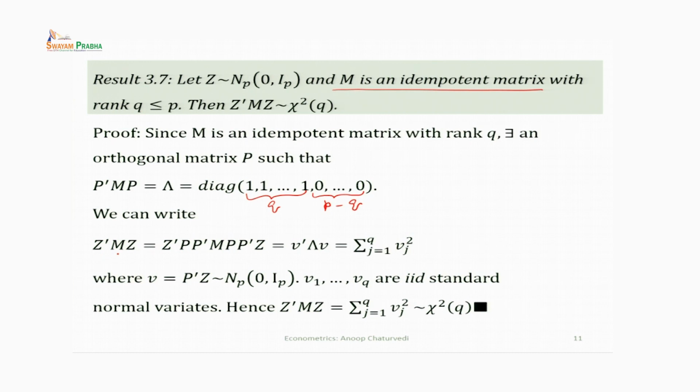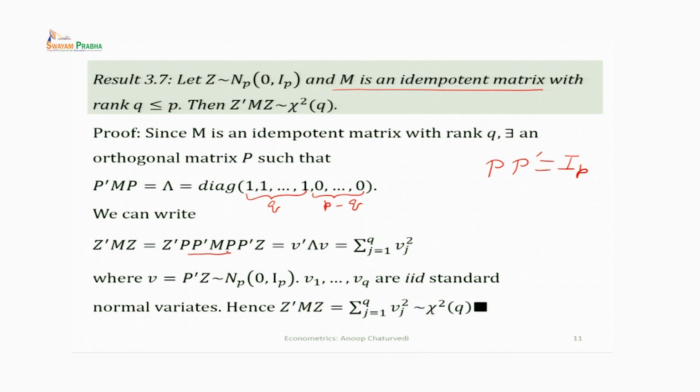Then you can write Z transpose M Z equal to Z transpose P P transpose M P P transpose Z, because P is an orthogonal matrix, so P P transpose is an identity matrix.